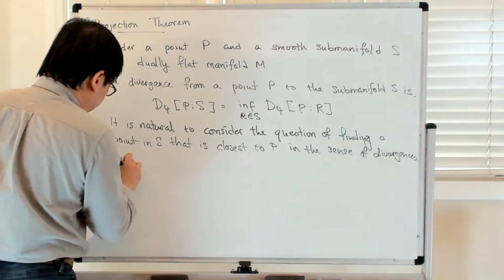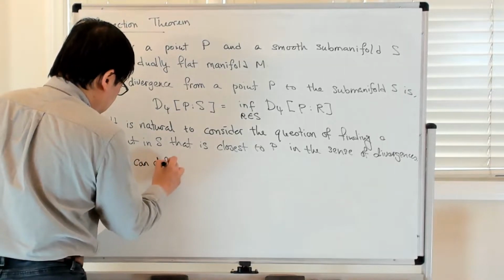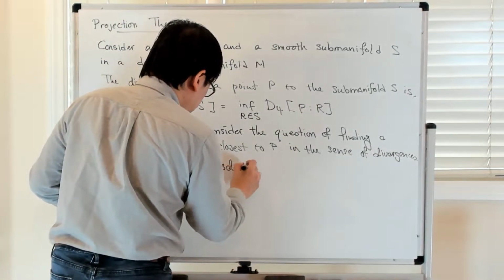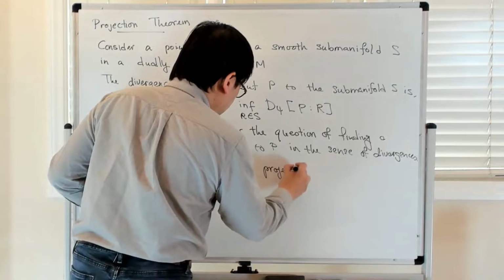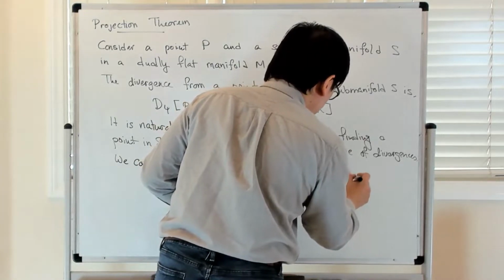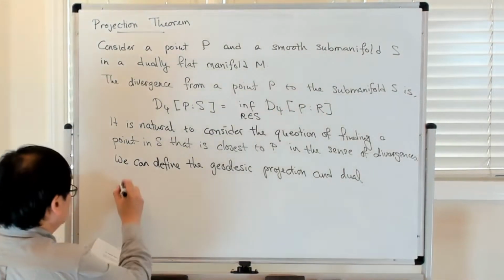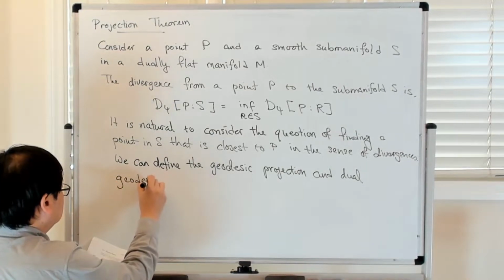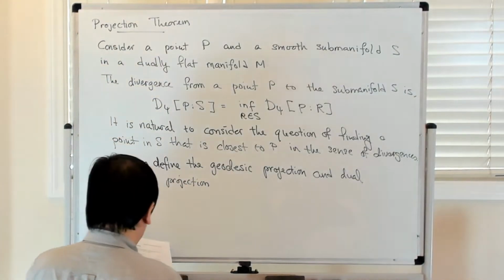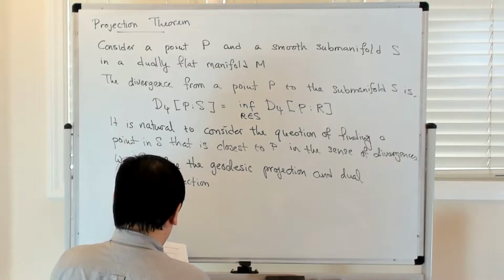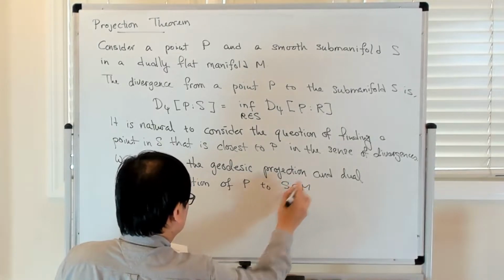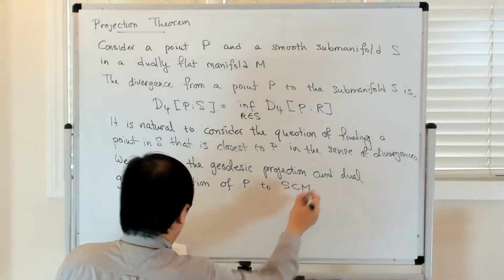So we can define the geodesic projection and dual geodesic projection of P to S, which is contained in this manifold M. Okay.